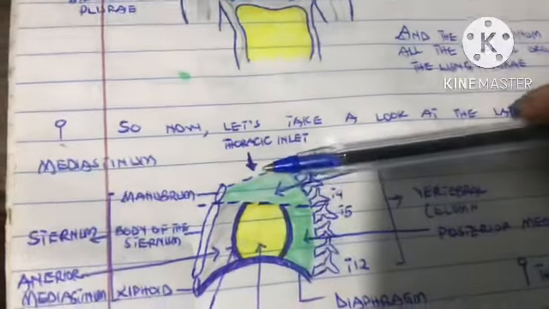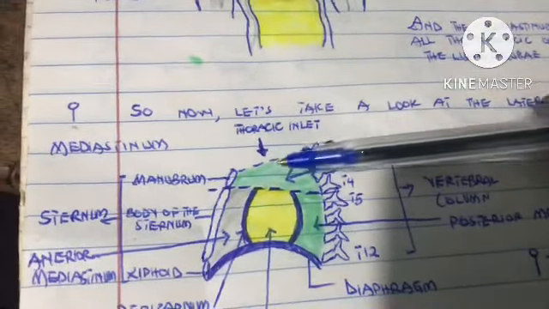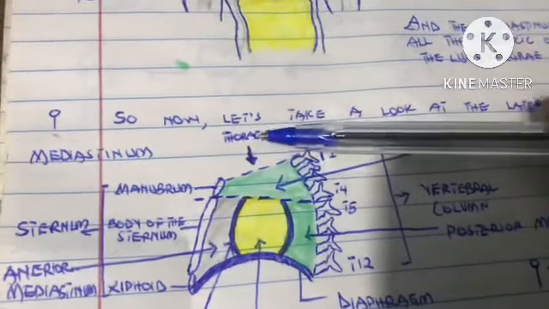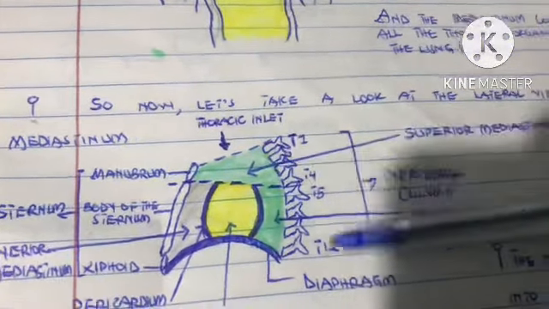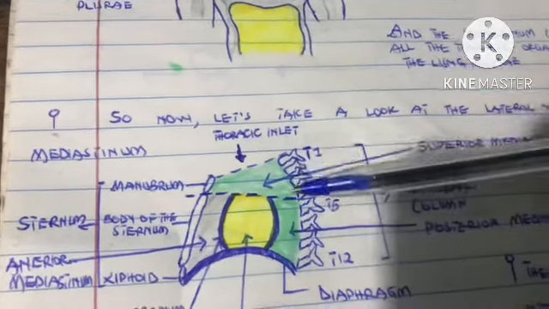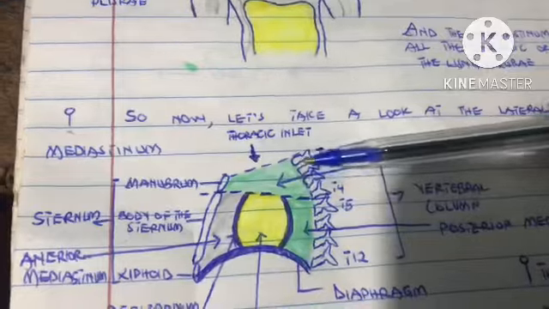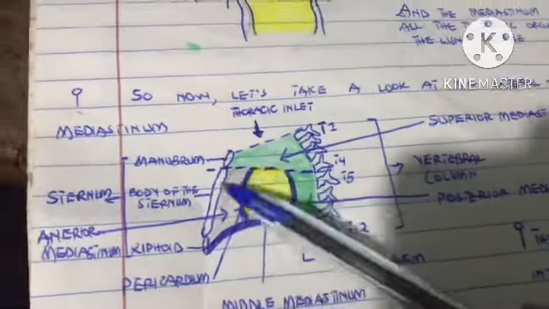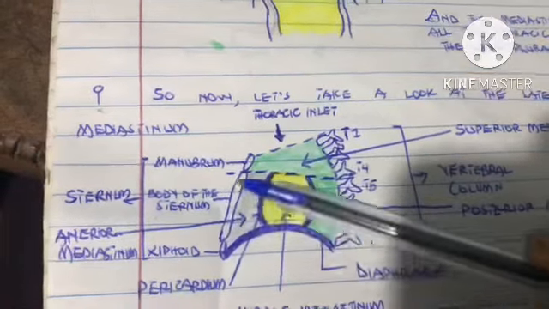You can see that superiorly, the mediastinum is bounded by the thoracic inlet. Posteriorly, we can see the thoracic vertebrae, and the thoracic vertebrae bound the mediastinum posteriorly. Inferiorly, there is the diaphragm, and anteriorly you can find what?